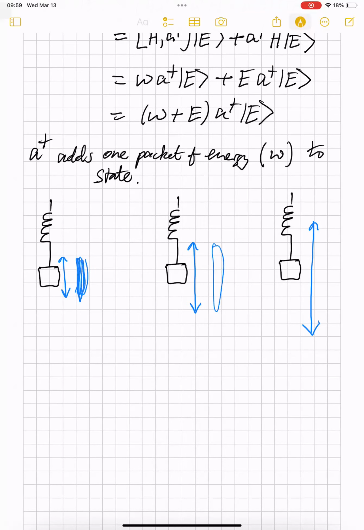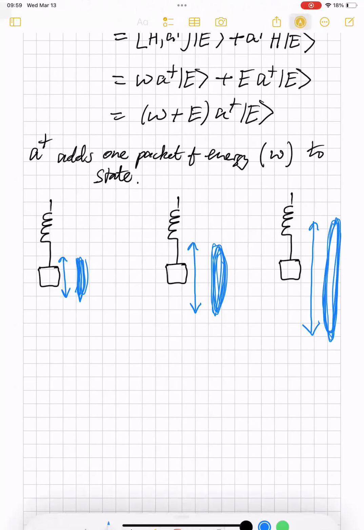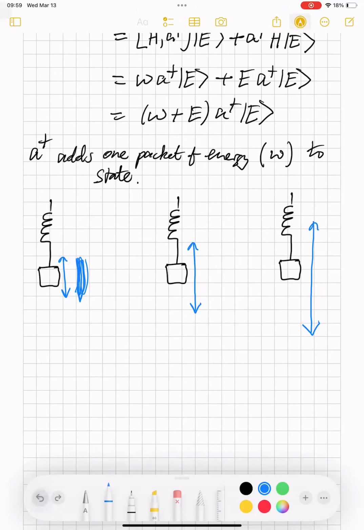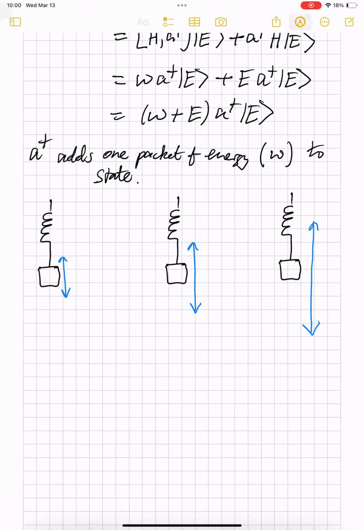Here, the mass is oscillating with a much larger amplitude, and finally, with an even greater amplitude of oscillation. So that's what A dagger is doing. It keeps increasing the amplitude of the oscillations. So when you act with A dagger, you increase the oscillations of this mass sitting at the bottom of the spring.